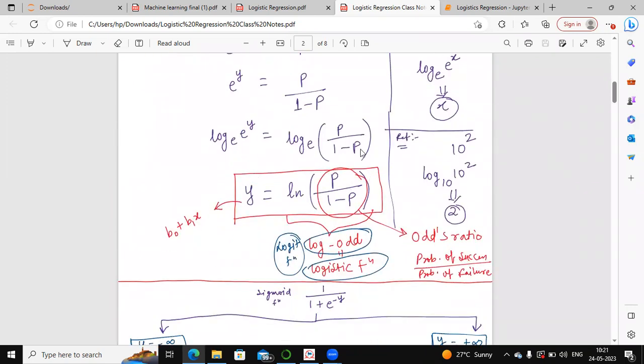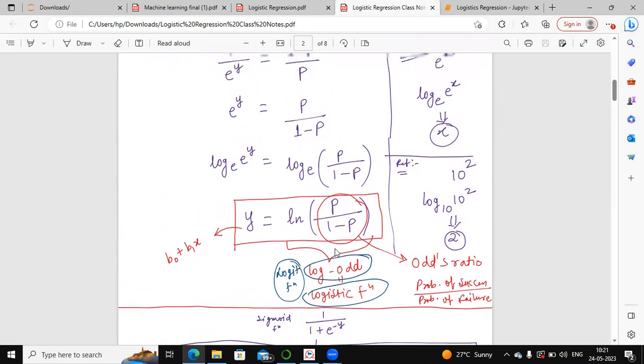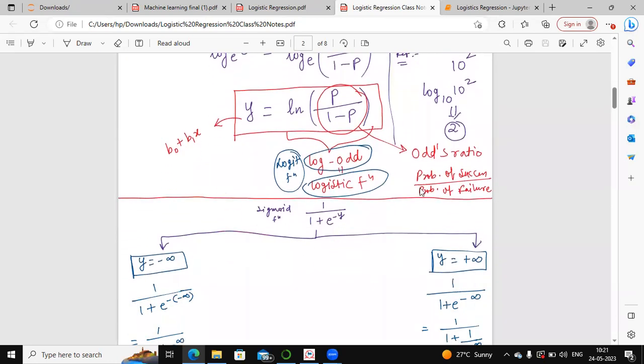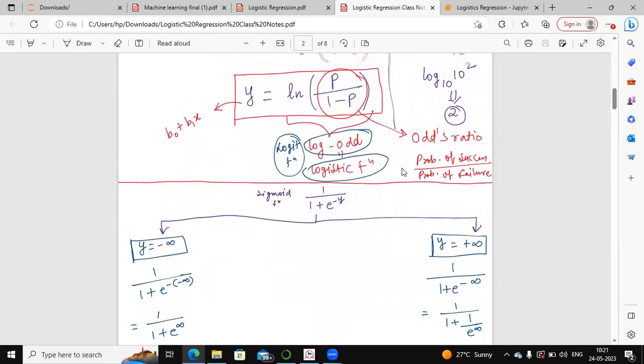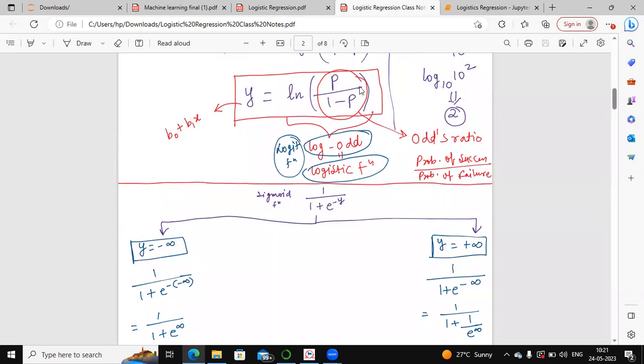This is the logit function or log odds function. This is the odds ratio, and the whole of this, ln of p by 1 minus p, is called the logistic function or logit function. This is like the probability of success by the probability of failure.